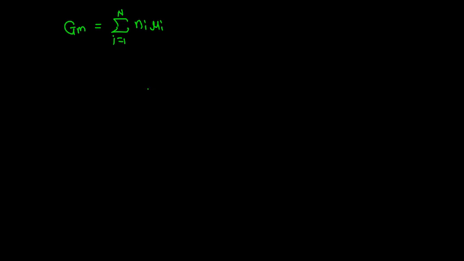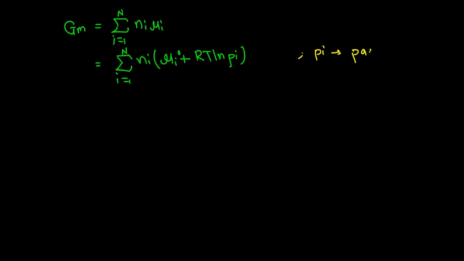Okay, and I can use our original formulation, summation i equals 1 to capital N of Ni times (mu i 0 plus RT ln Pi), where Pi is the partial pressure of the ith component in the mixture.